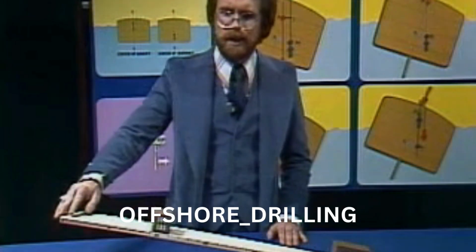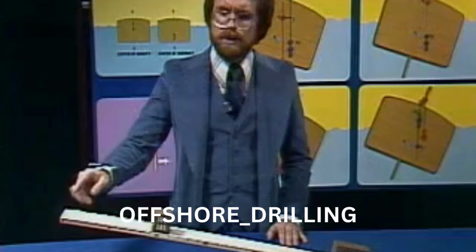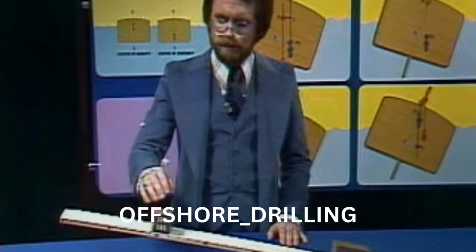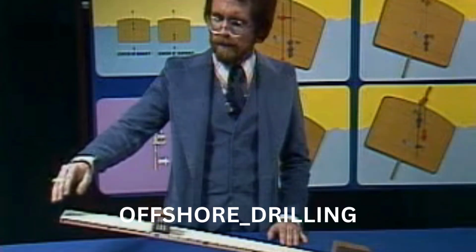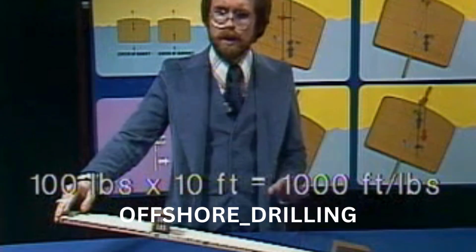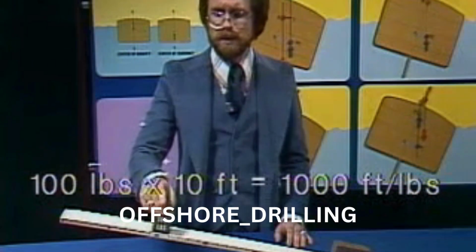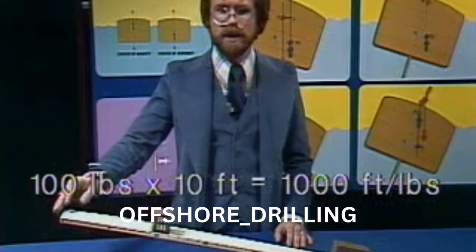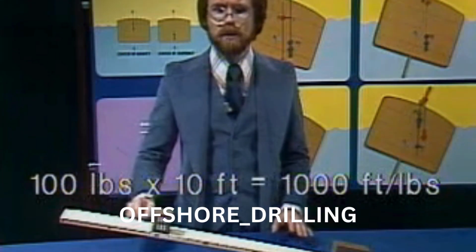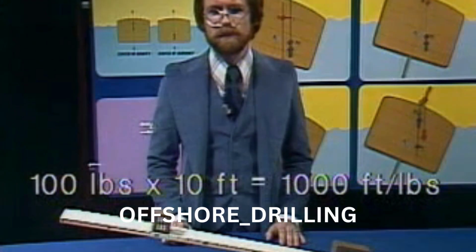We'll use point A. In order to calculate the moments of the 100-pound weight about point A, we multiply 100 pounds times 10 feet, which is the distance of the 100-pound weight from point A, and we get 1,000 foot-pounds.